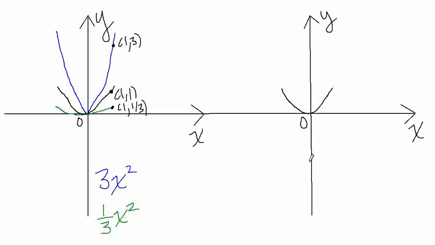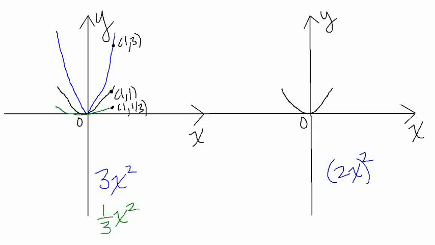The way you can get those is if you multiply. Well, let me show you. What if the expression that we're squaring, what if we multiplied that expression by a constant?